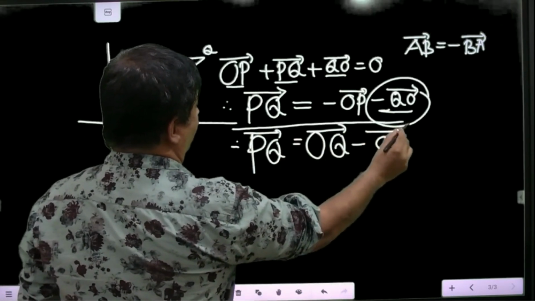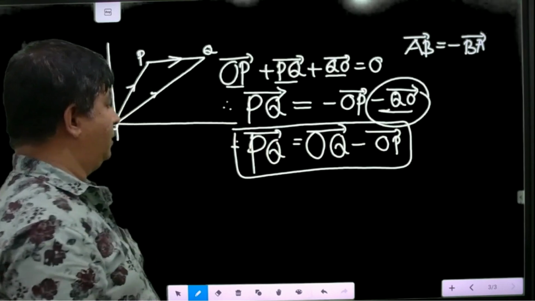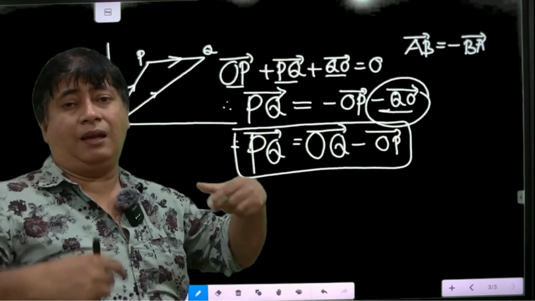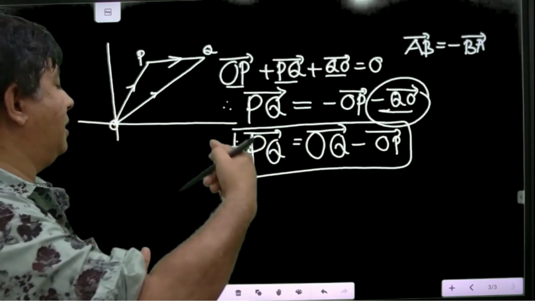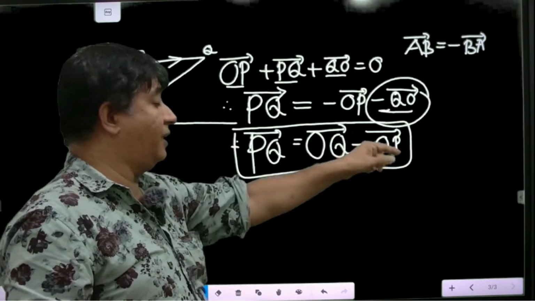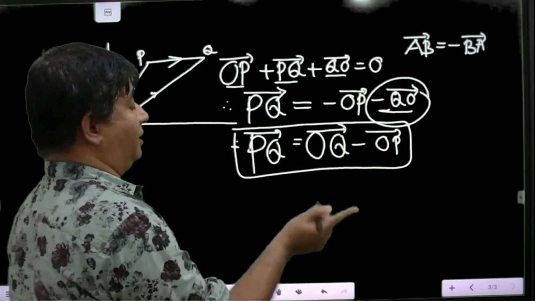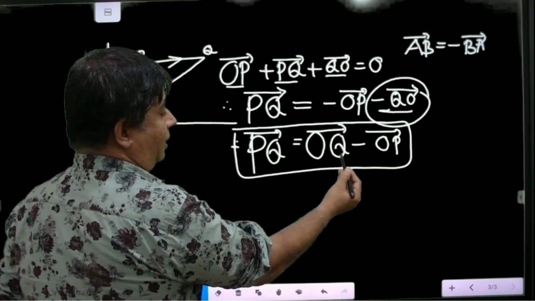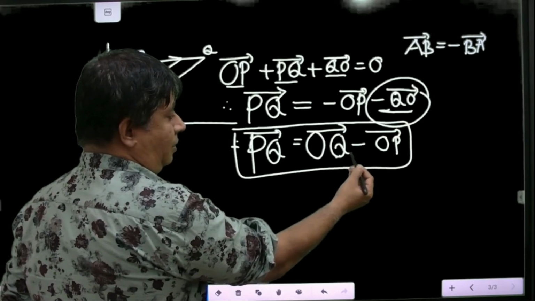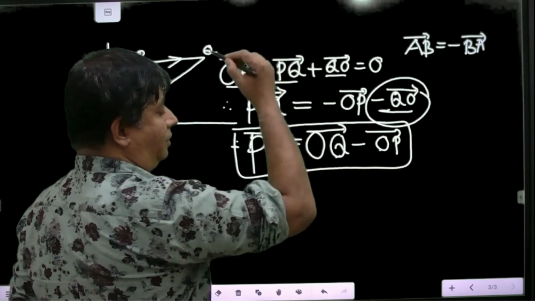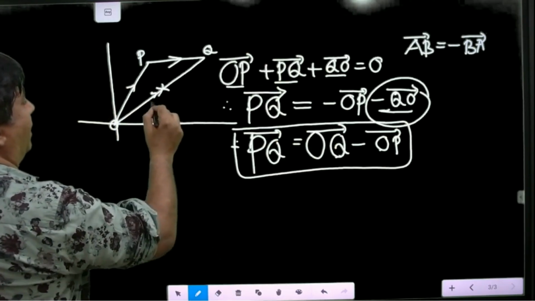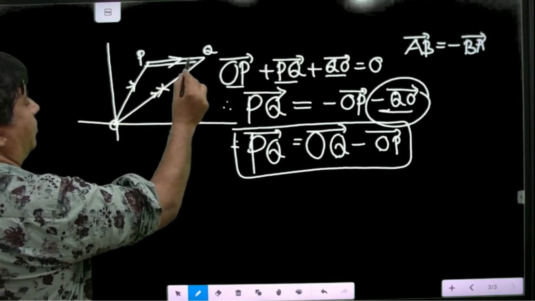So what conclusion can we draw? The PQ vector can be expressed as the difference of two vectors which join the origin and the final position, final minus initial. See, OQ minus OP is PQ.